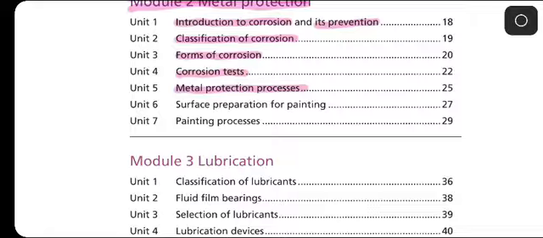Unit 6, surface preparation for painting. Unit 7, painting process. In this video, we'll be dealing with all of these in Module 2. Then we'll see Module 3. I will do that video separately, but we'll deal with all of this.